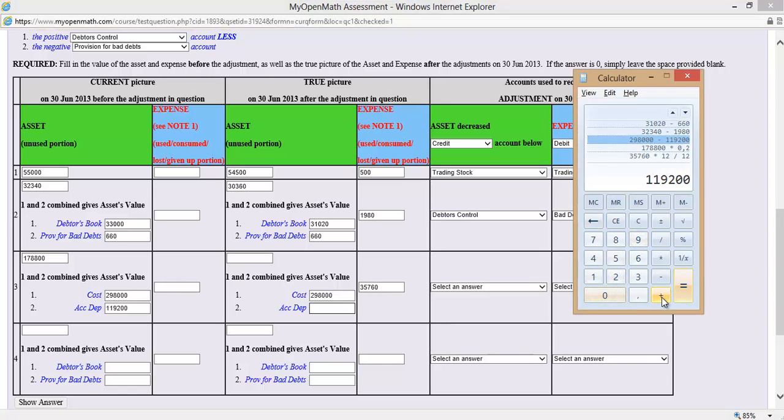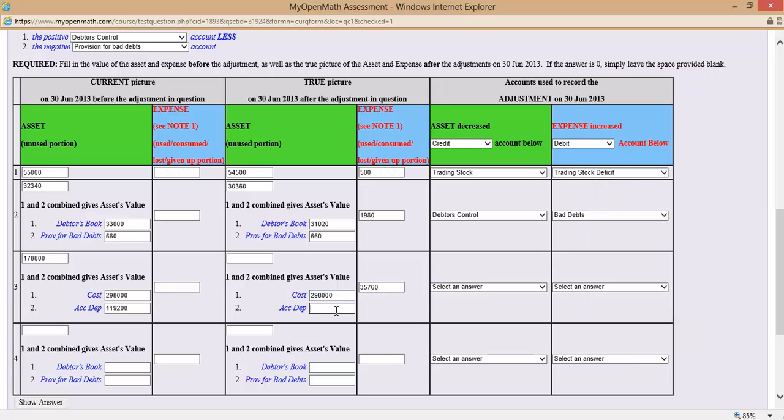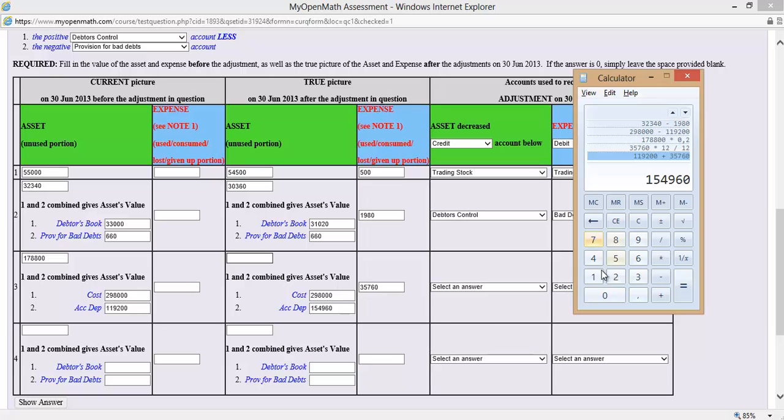So my negative account is going to go from 119,200 plus the 35,760, and that is going to give me my new accumulated depreciation figure of 154,960. So if I then take my cost account minus my accumulated depreciation, that is 298,000 minus 154,960.